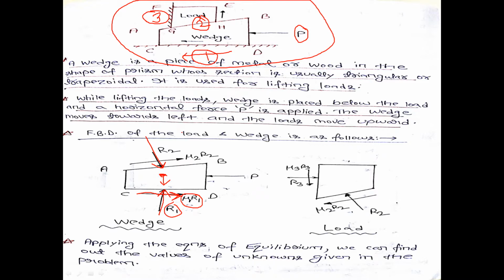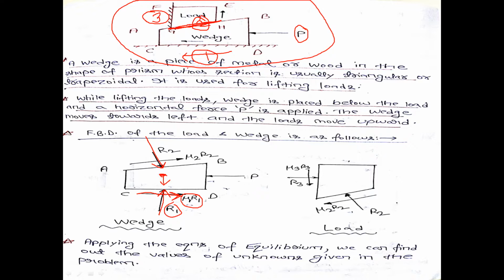So R2. Now since the wedge is moving in this direction, at these contacting surfaces a frictional force will exist, and that frictional force will be in the opposite direction to the direction of motion of the wedge.